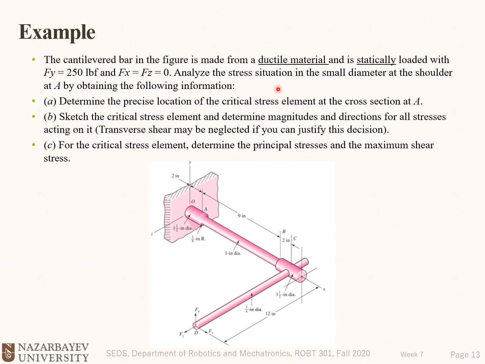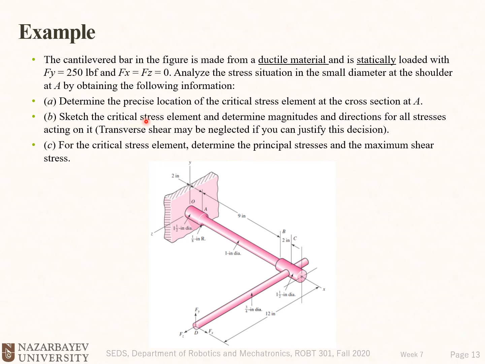So we could say that there is no stress concentration, but the issue is that we have a reduced diameter at this point, and the reduced diameter will cause a maximum or higher stress at point A because of a lower moment of inertia I.